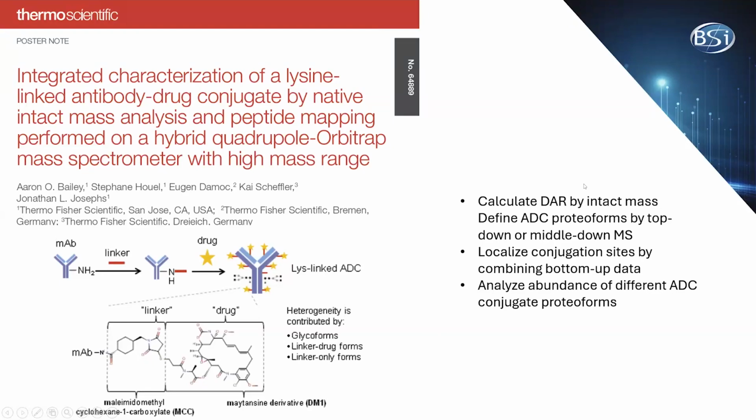First I'll show some intact results and how we more accurately characterize the drug to antibody ratio by analyzing native intact mass of the sample. Then I'll show some bottom-up data and how we accurately localize the conjugation sites throughout the heavy and light chain. And lastly, I'll go over some preliminary top-down and middle-down data that we've recently generated and how we're characterizing the different proteoforms within that sample.